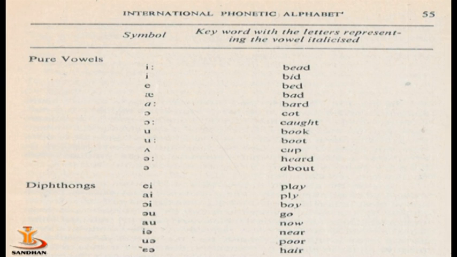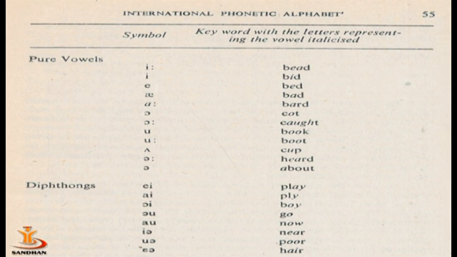Bead, bid, bed, bad, barred, caught, book, boot, cup, heard, about. Those are the 12 phonetically accepted International Phonetic Alphabet symbols on your left and the words on your right.